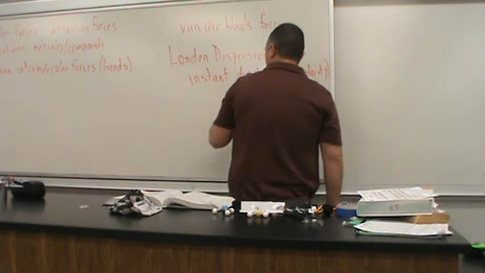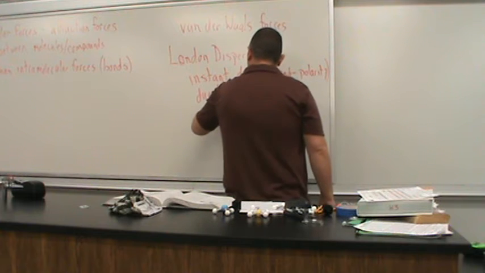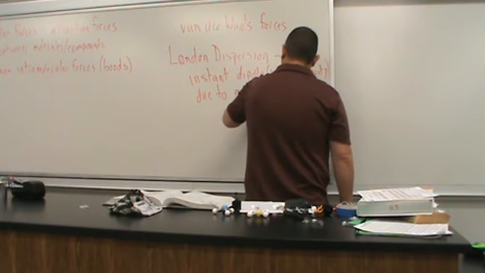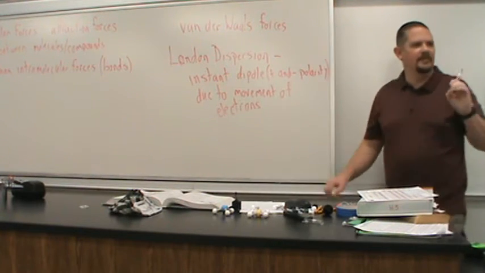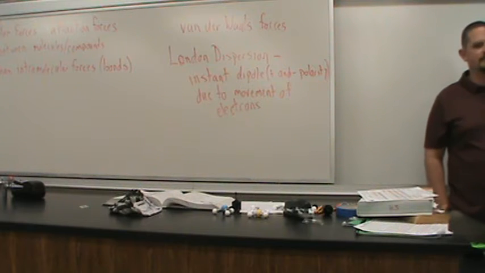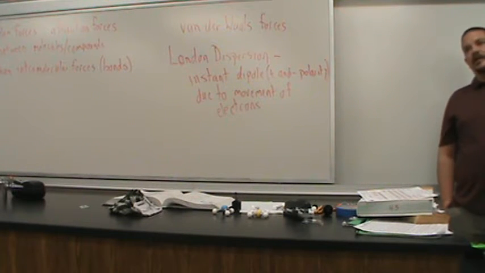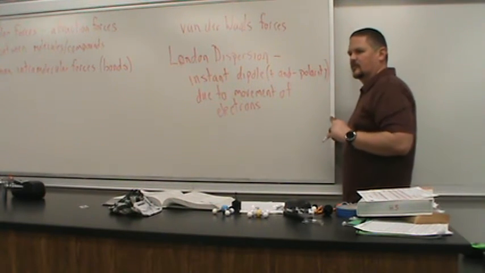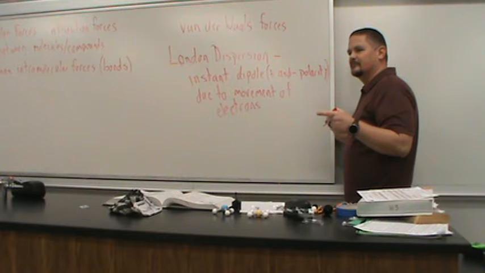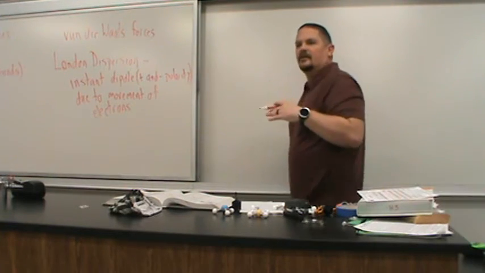Now this instantaneous dipole that we get is due to the movement of electrons. Now to show you how this works out, let's look at a helium atom.